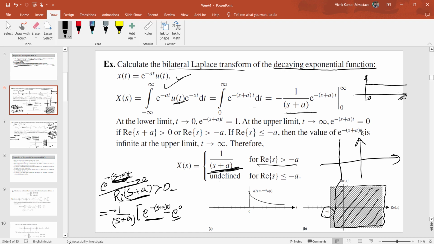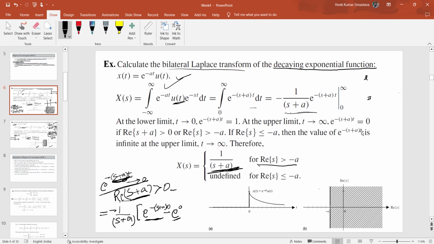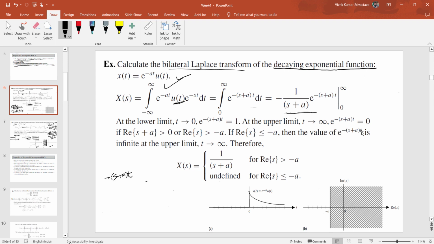Let me explain. Suppose you have a signal which is a combination of two signals, x1 of t plus x2 of t.